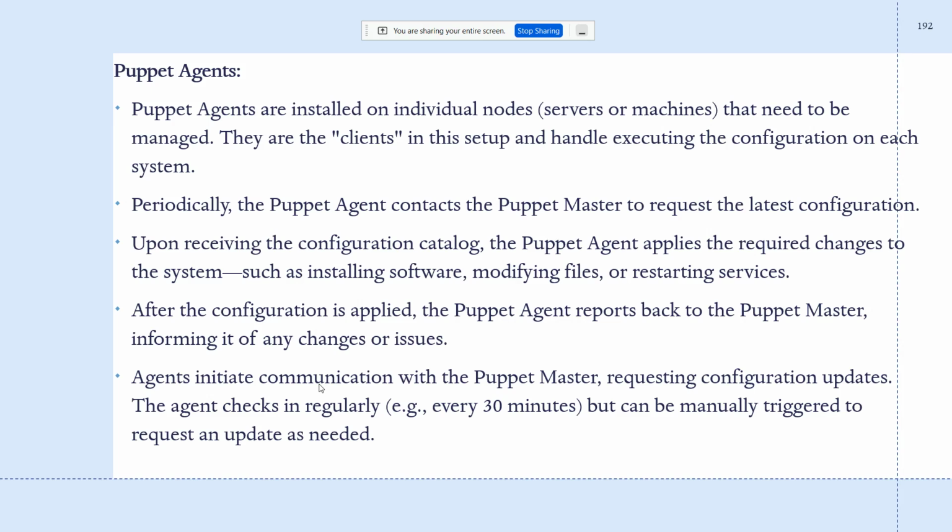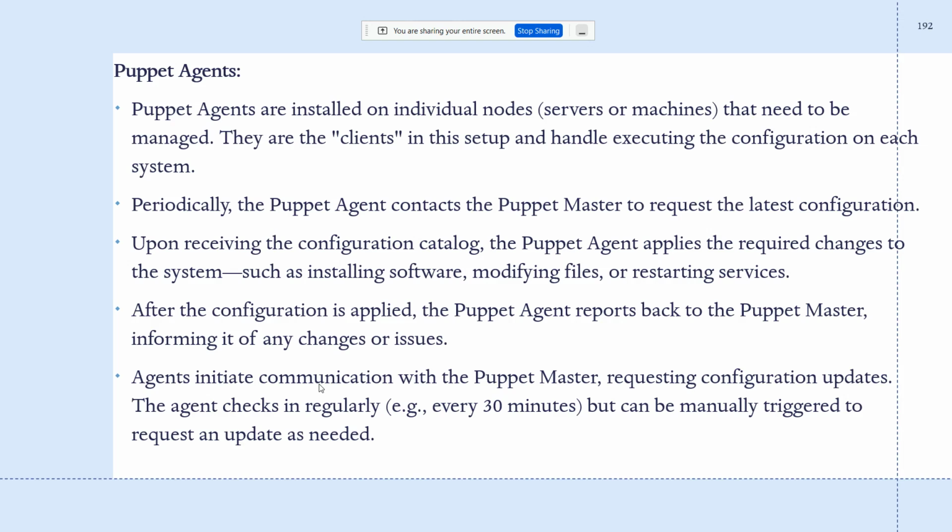It will configure on these individual agent machines, and the agent has to be installed on the individual nodes or server machines. These clients handle executing the configuration on each system. Periodically, a Puppet agent contacts the Puppet master to request the latest configuration.